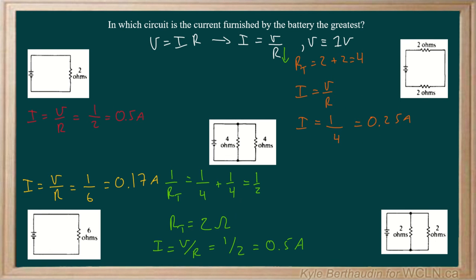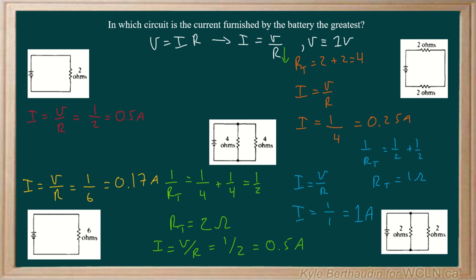So looking at our last circuit, once again we've got resistors in parallel, so we can go ahead and add those up as the reciprocal. 1/2 plus 1/2 is just equal to 1, and then cross multiplying we get that the total resistance is 1 ohm. Using Ohm's law, I equals V over R. The voltage here is 1 and the resistance is 1, so the current is equal to 1 amp.